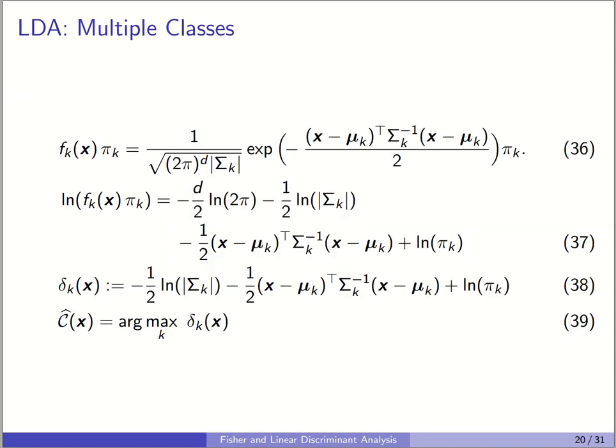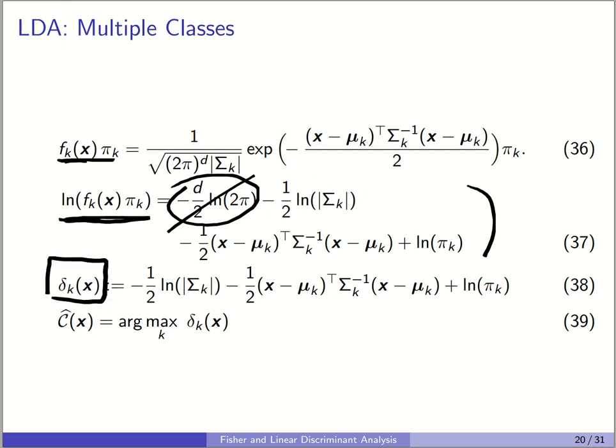Now assume for the kth class, consider you have fkx pi, and if we take ln or natural log from this, we will have this term. And there is a constant, so we get rid of it, we don't care about this. The summation of these terms we denoted by delta kx.